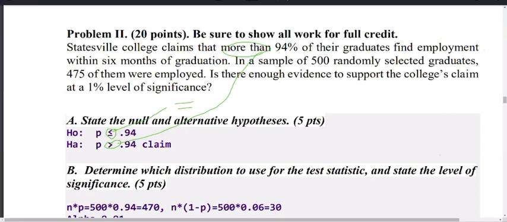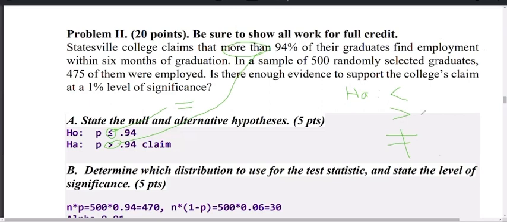Somebody asks, when do you flip the sign of the HA? Let me tell you this. You don't flip the sign of the HA all the time. Always take note. Under the HA, you're always going to say that you have this sign, nothing more.